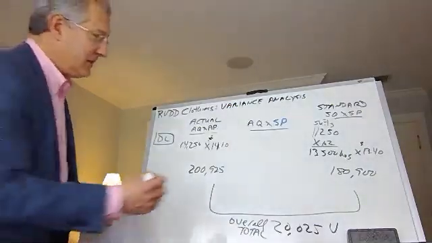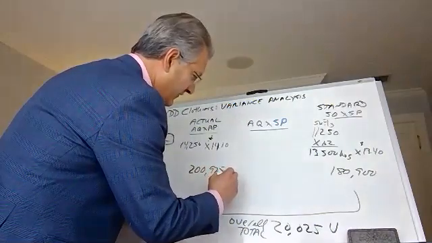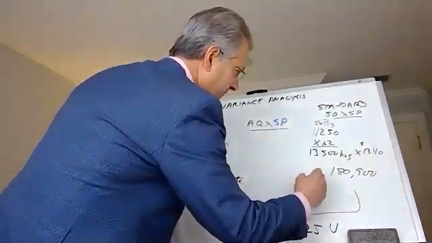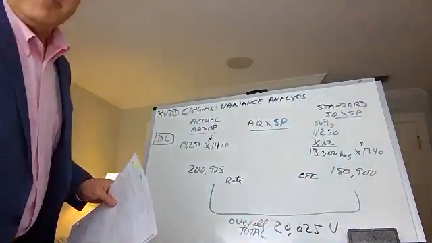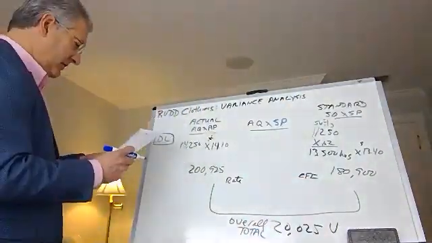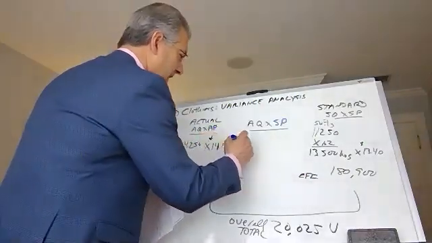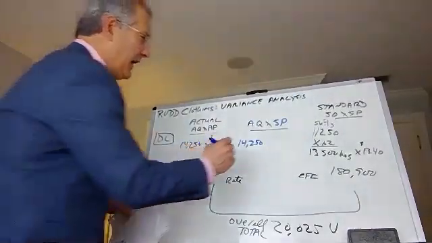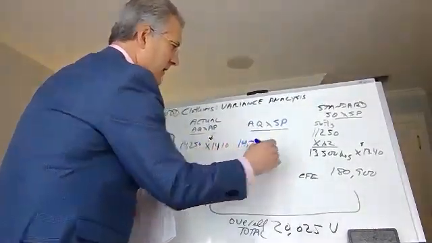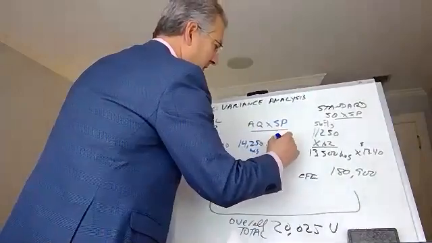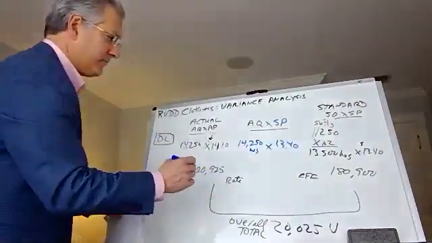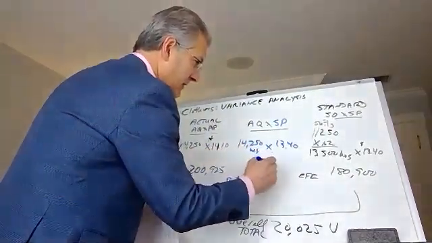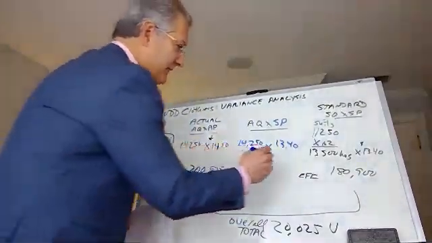But again, we're interested in knowing the rate variance and the efficiency variance. So we have to go to the middle here. And we got these middle numbers here with an actual quantity of 14,250 hours, and they should have spent $13.40 per hour. This middle number is $190,950.